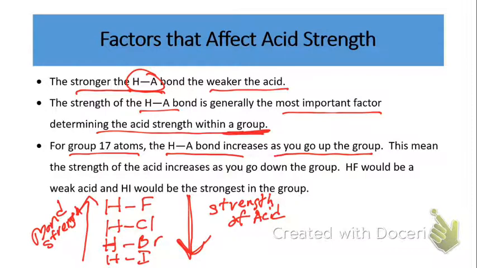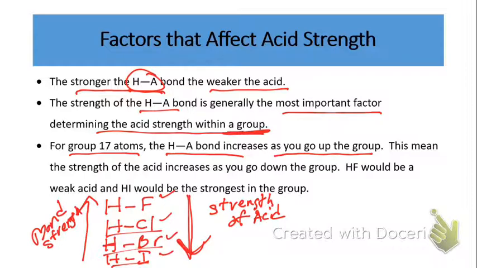All right, and that's why we find that HF is a weak acid, and the other three acids are strong acids, okay? The HCl, the HBr, and the HI are all considered strong acids. And HI, of course, is the strongest of them all within that group.